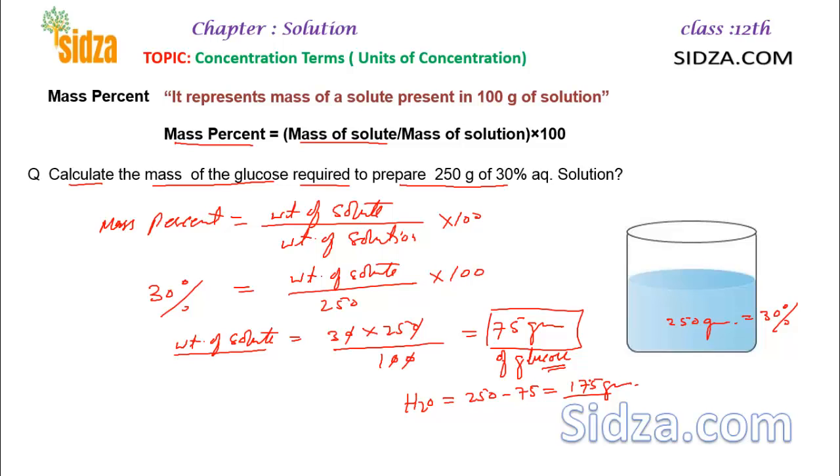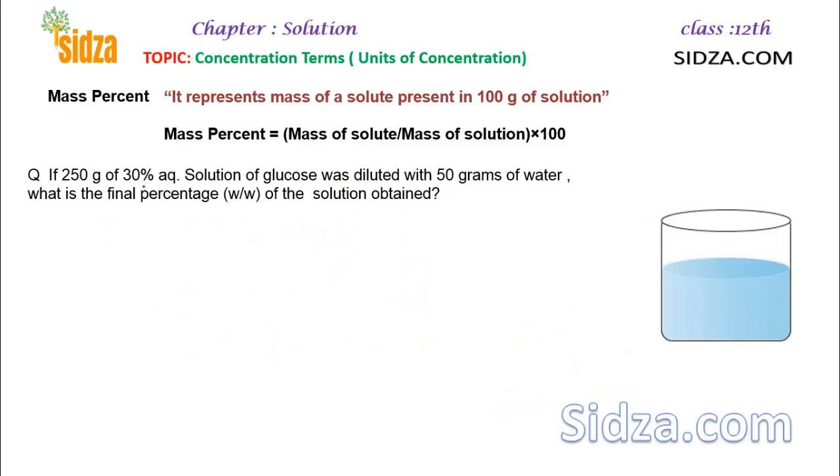And I'll get a 30% solution of glucose. Now look at this question. If 250 grams of the 30% aqueous solution of glucose, it is the same solution that we have prepared, we have 250 grams of aqueous solution of glucose, and its percentage is 30%.